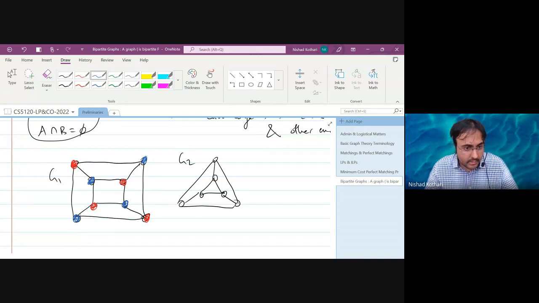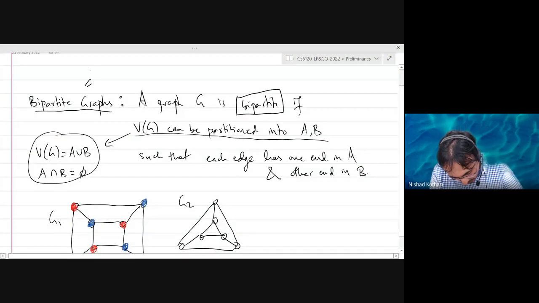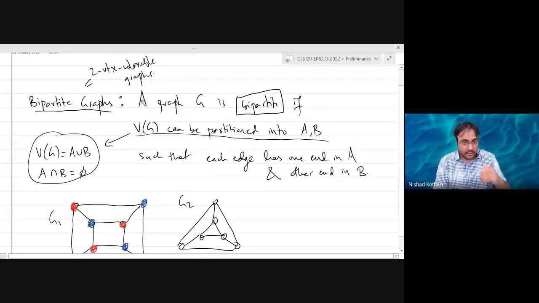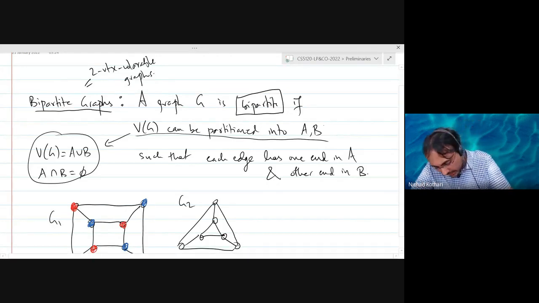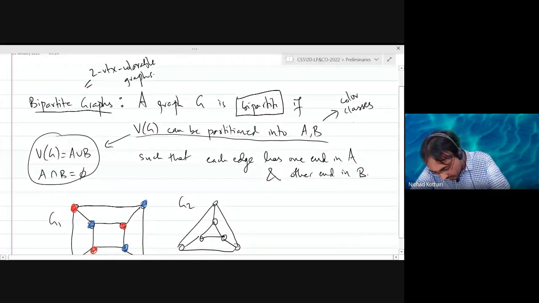So in other words, they are exactly the two vertex colorable graphs if you have seen vertex coloring before. We are not going to talk about vertex colorings in this course. It's not a course on graph theory. These A and B will often be called color classes of the graph G, and that terminology comes from the two vertex colorable way of looking at it.